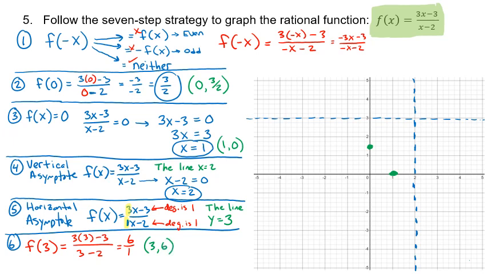So that's another point on the graph. When x is 3, y is 6. So it's going to be up here somewhere. It's a little bit off the graph because this grid only goes up to 5, but we know it goes up and down forever. It goes up to positive infinity and down to negative infinity.